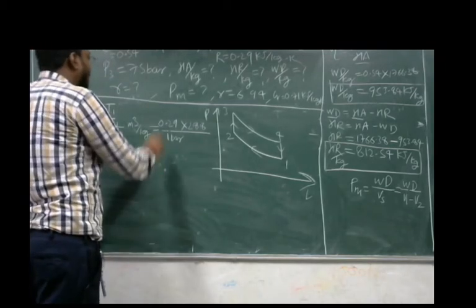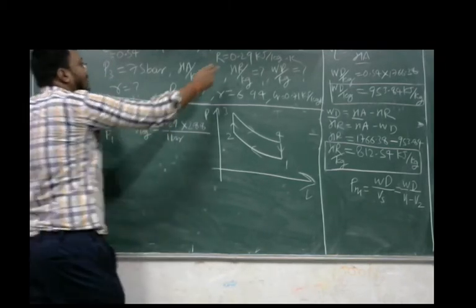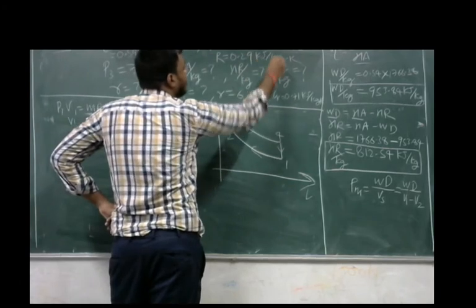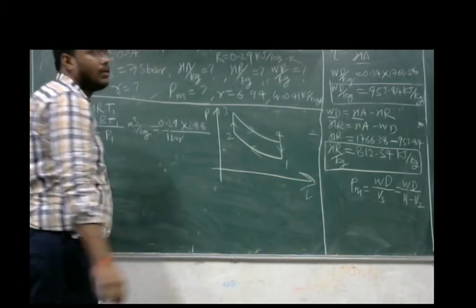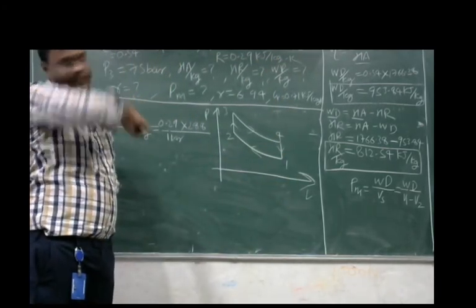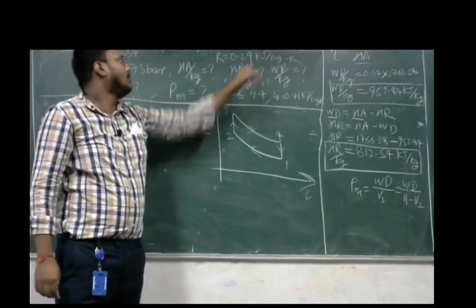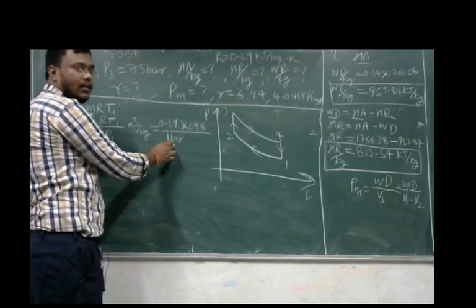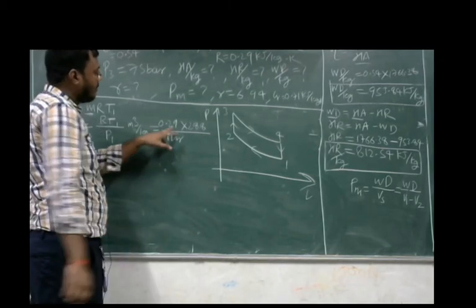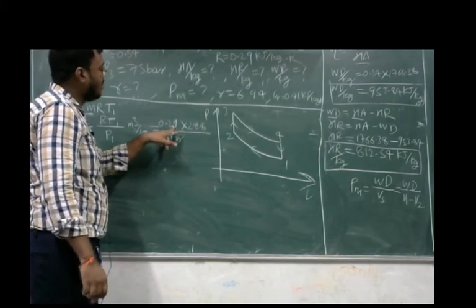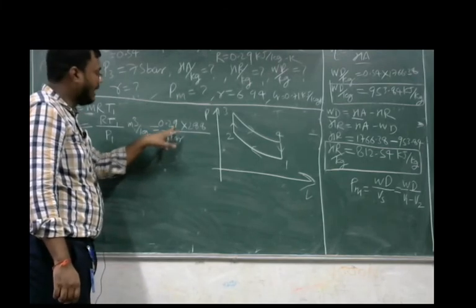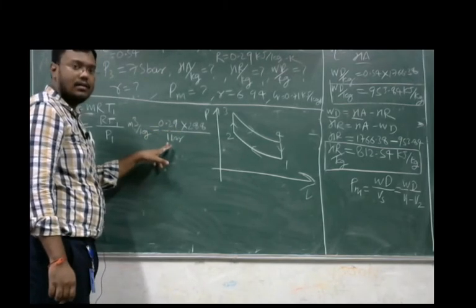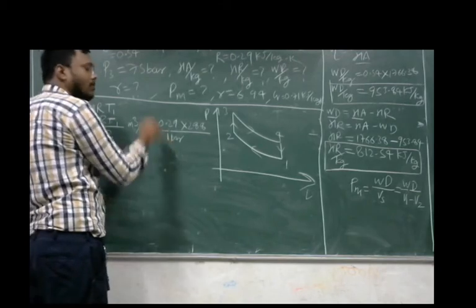Here the unit of R is 0.29 kilojoule per kg. It is in kilo, but the pressure is not in kilo, it is 1 bar. So either you convert this kilojoule into joule and this 1 bar into Pascal, or convert this bar into kilopascal.